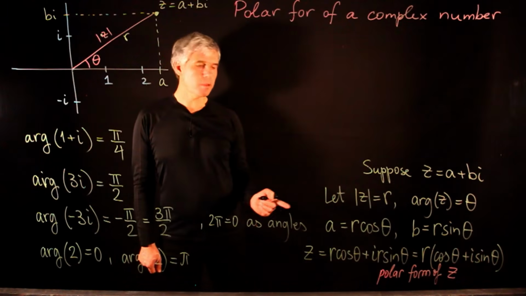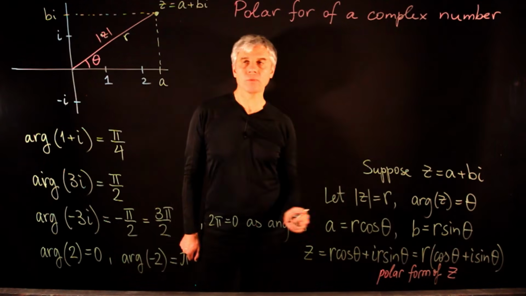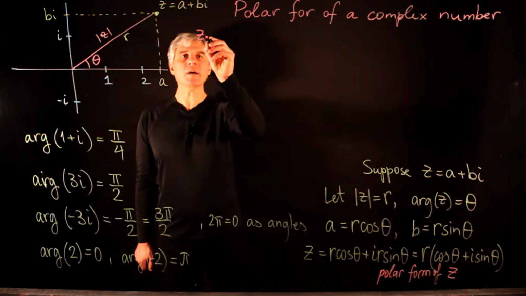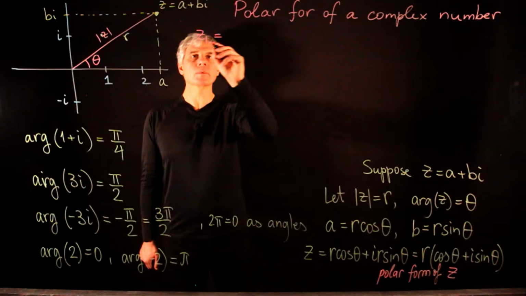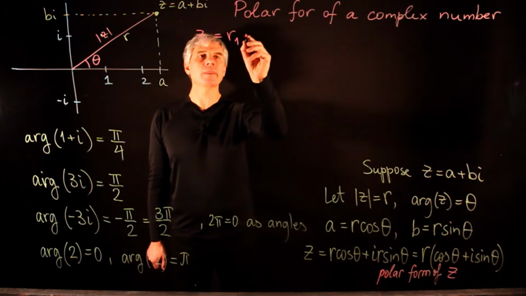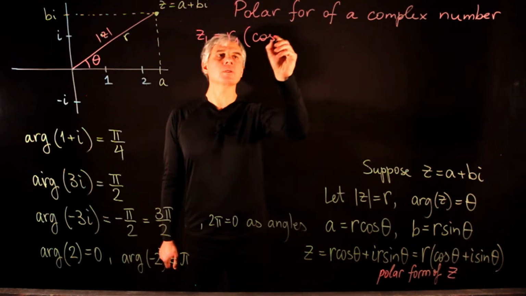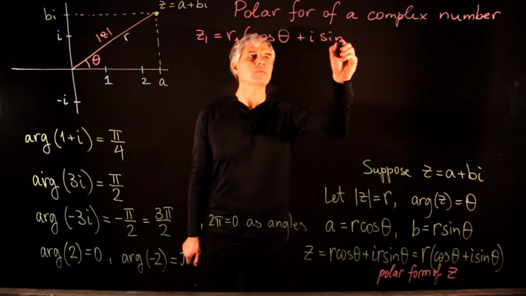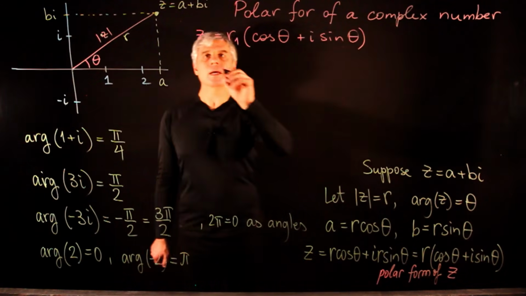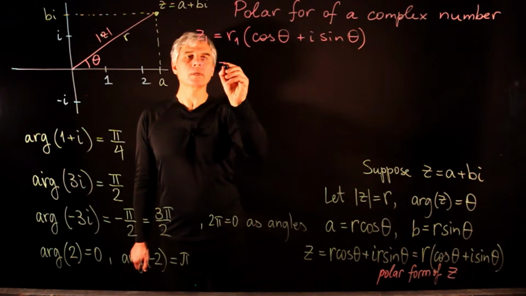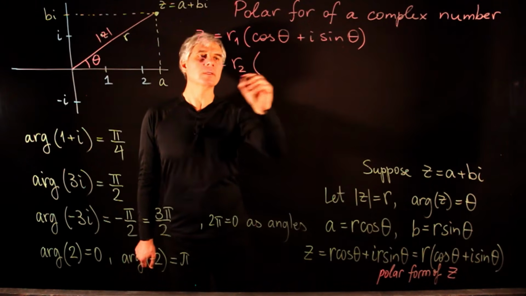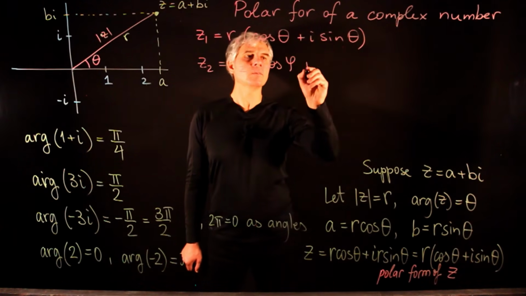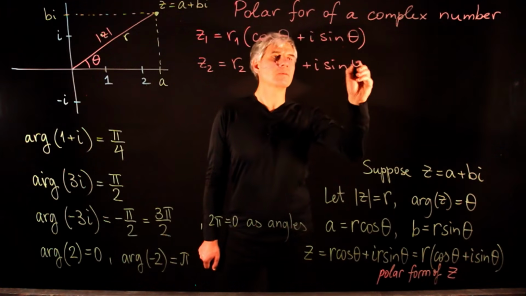Let us explore the relation of the polar form of complex numbers with multiplication. Suppose we have two complex numbers written in their polar form. So suppose z1 is r1 times (cos theta plus i sine theta), and z2 is r2 times (cos phi plus i sine phi).